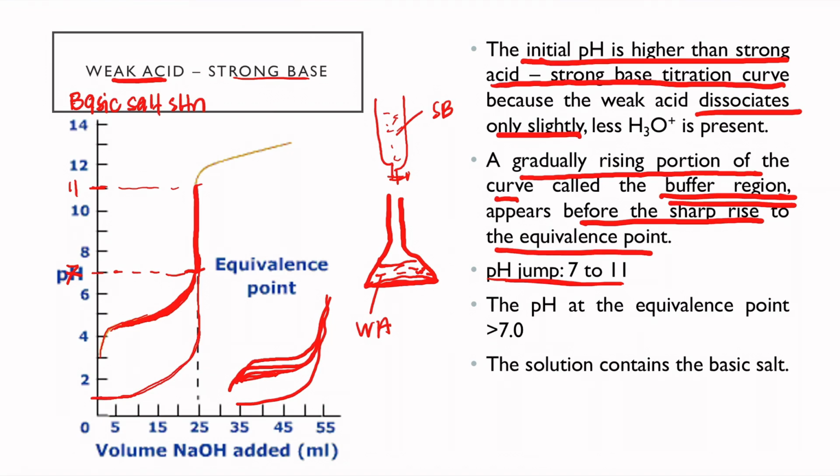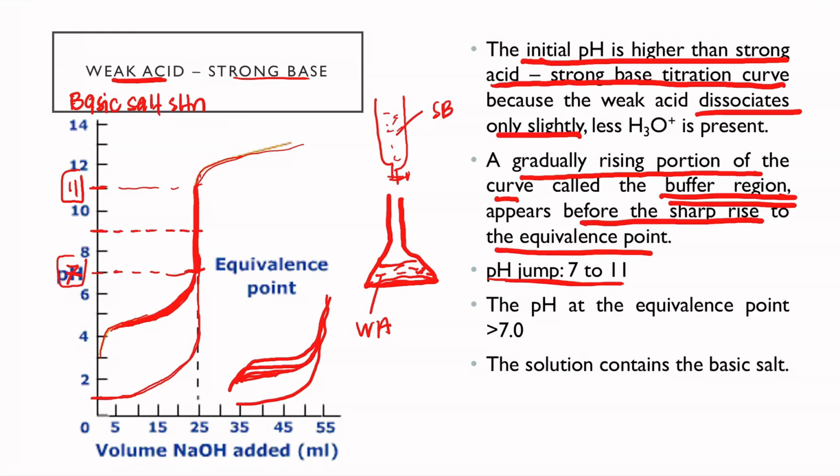This steep portion, maksudnya apa ni? So steep portion awak ni from pH 7 to pH 11 is when awak add your sodium hydroxide kan. Lepas tu dia terus shoot up macam tu before dia jadi betul-betul basic. That is your pH range for endpoint, sebelum color change betul-betul. So for your weak acid and strong base, your equivalence point will be in the middle.